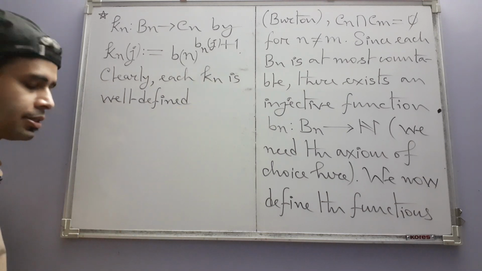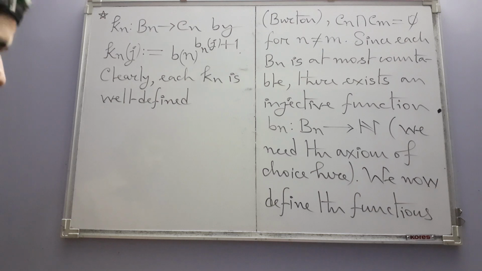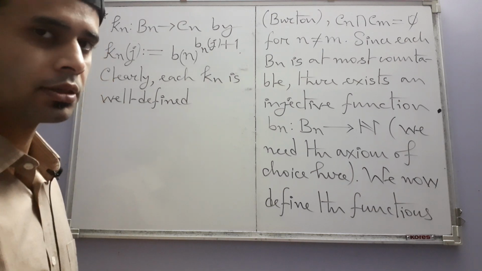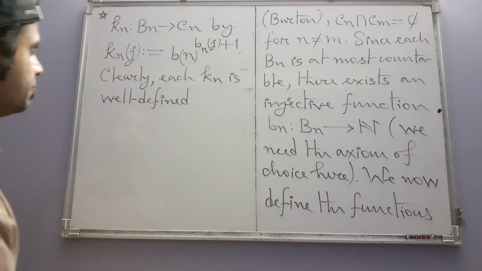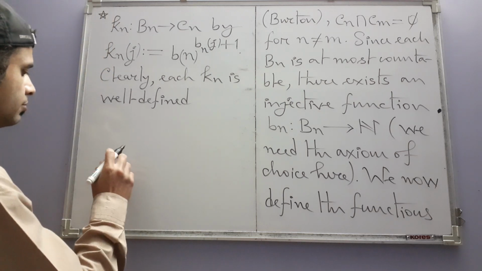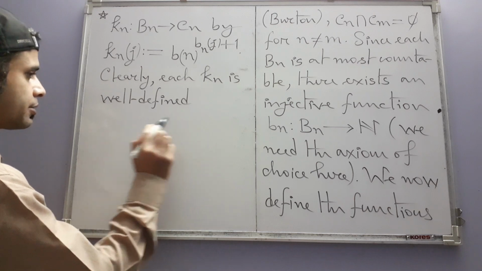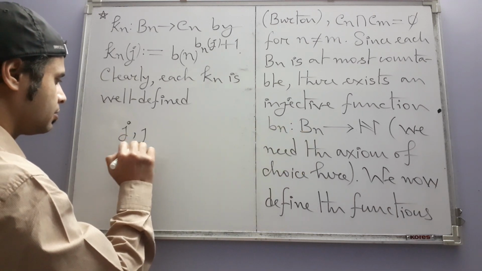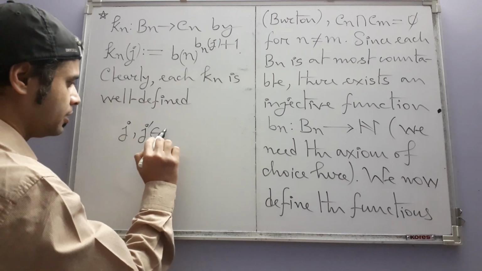But something else is also true. Each Kn is not just well defined, but is itself an injective function. Let's see how. To see it directly, we just take two distinct elements in Bn, say j and j prime in Bn, such that j is not equal to j prime.